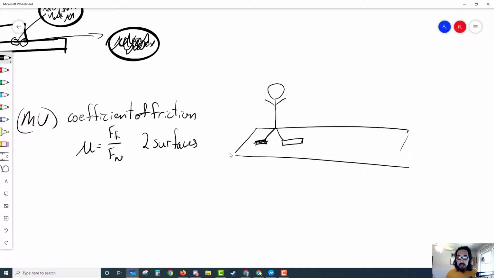The mu in this scenario will be for the rubber and the sidewalk. When I'm walking, my feet are moving backwards. So between the rubber and the sidewalk, we have this value mu, this coefficient of friction, and it's a predetermined value.